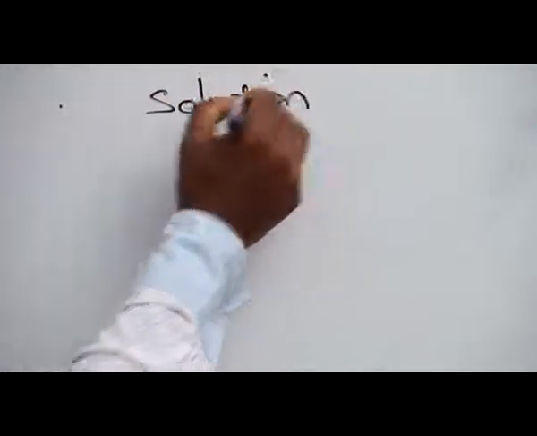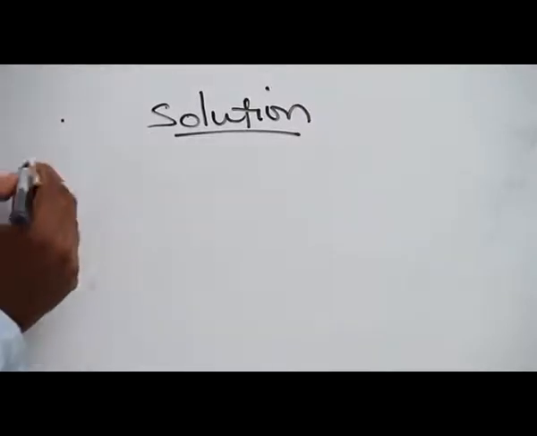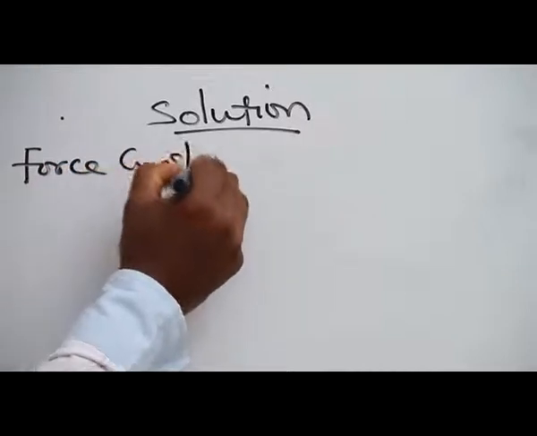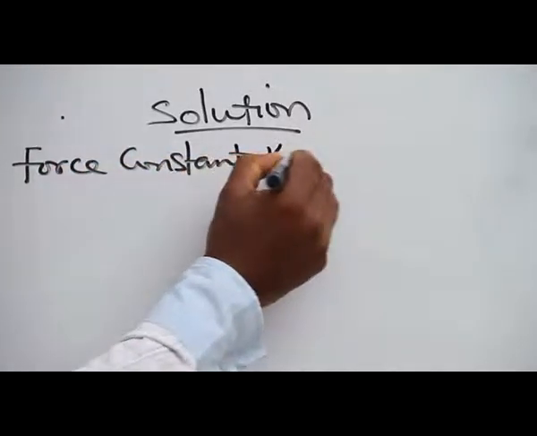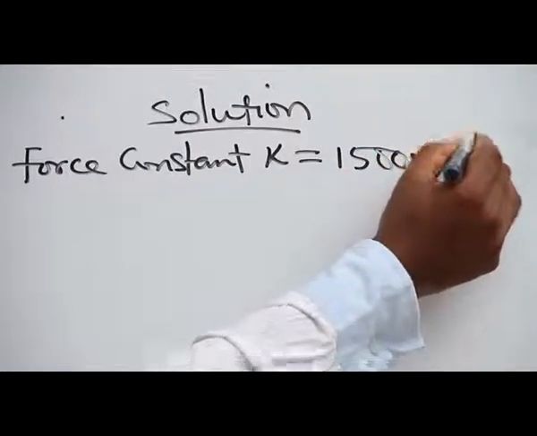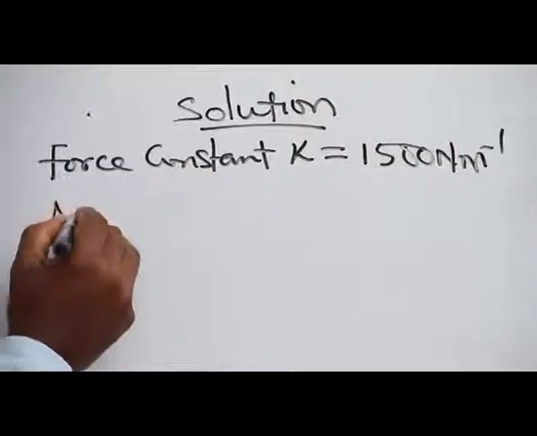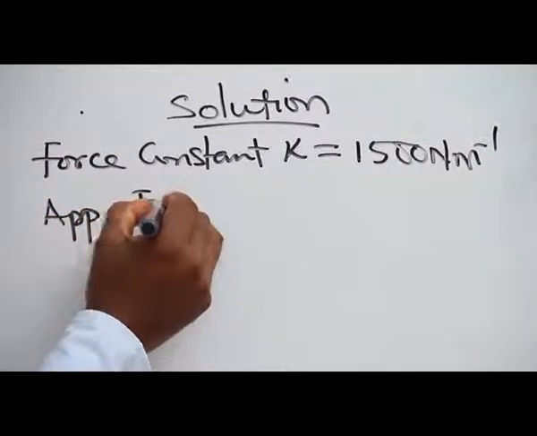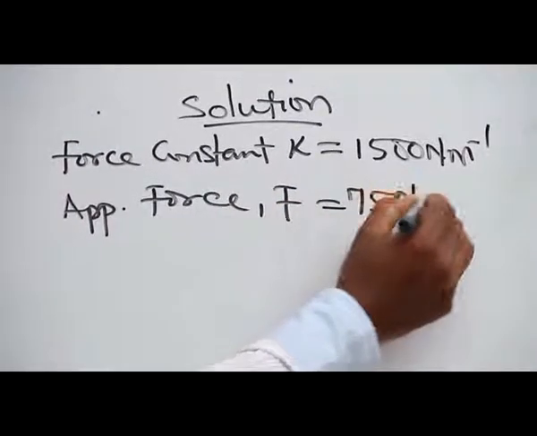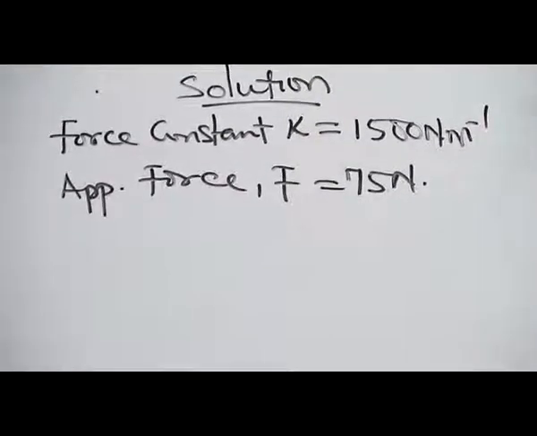Solution. From the question, we are provided with the force constant of the elastic substance, and that's 1500 Newton per meter. We are also given the applied force F as 75 newtons. We are asked to calculate the energy stored.